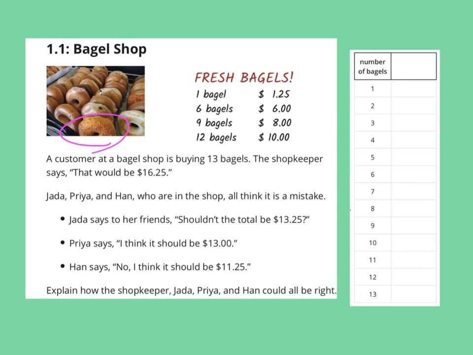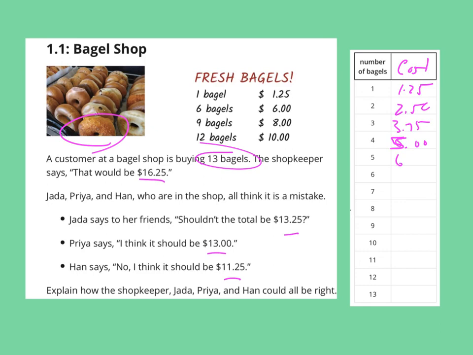So here we have 4 different perspectives on how much 13 bagels should cost. What do you think the cost should be? Well, as we take a look over here, we see that one bagel is $1.25. So if you buy 2 bagels, that's 2 of those, so that's going to be $2.50. And as you go down, it's adding another, $3.75. 4 bagels should be $5.